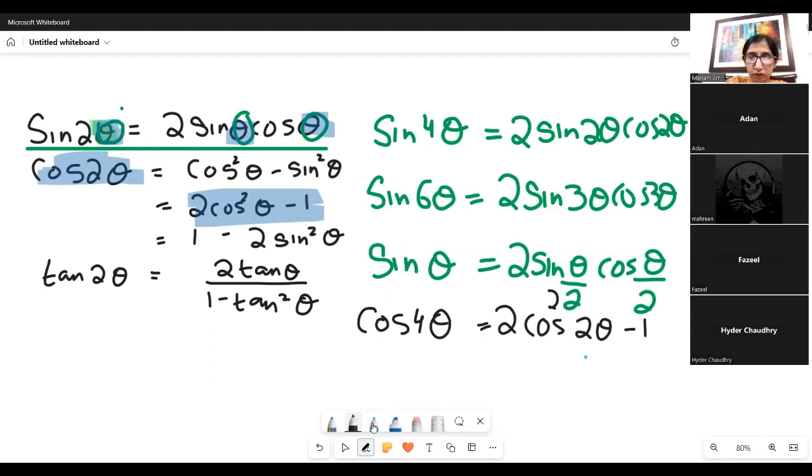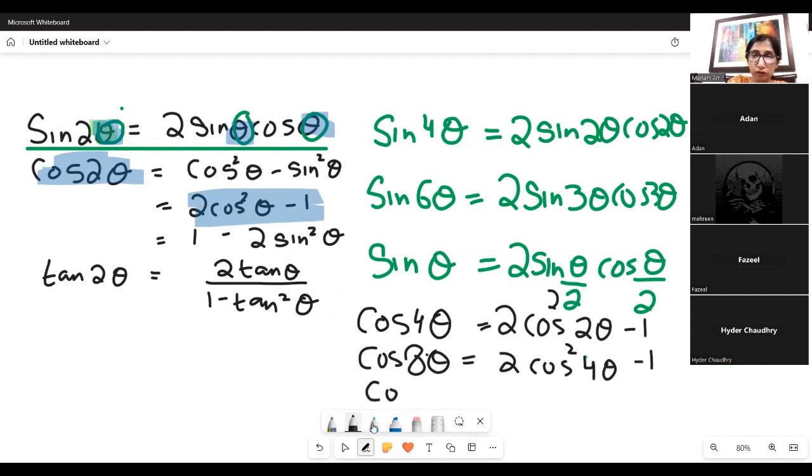Similarly, cos of, let's say, 8 theta would be 2 cos square, and instead of theta, you'll write 4 theta, minus 1.